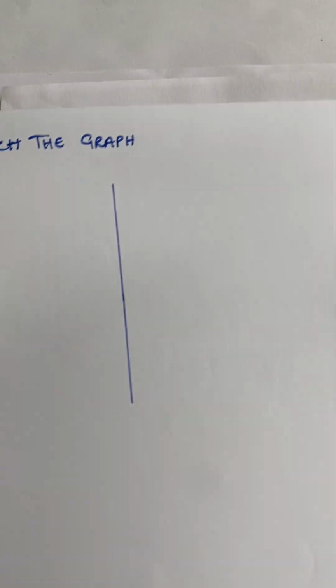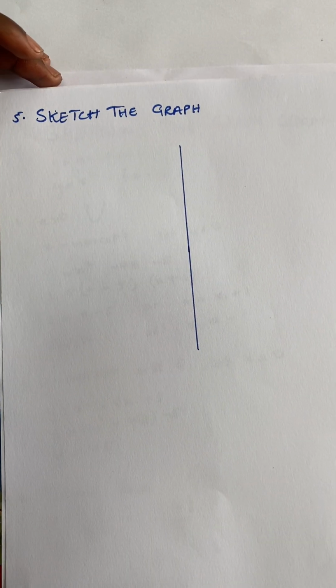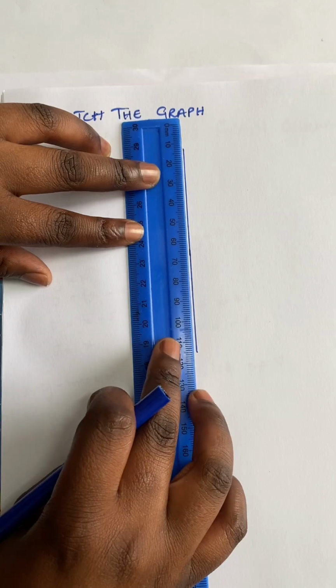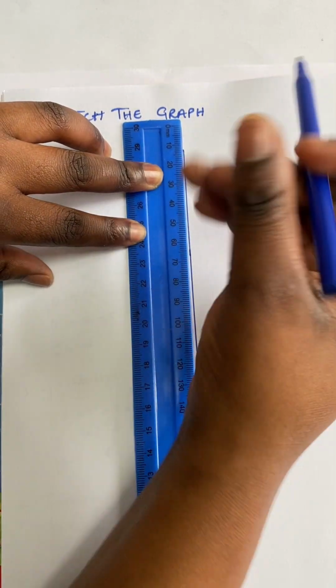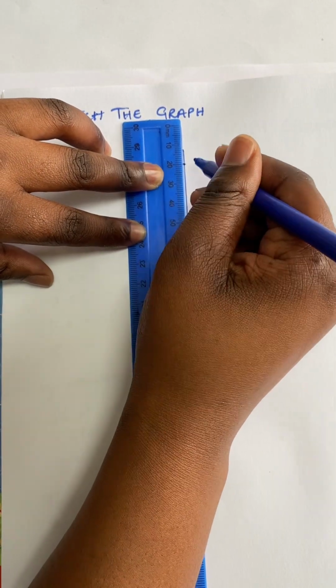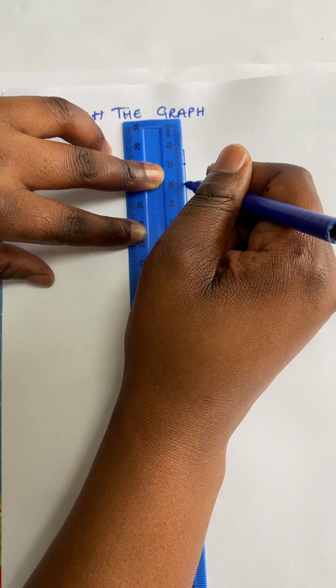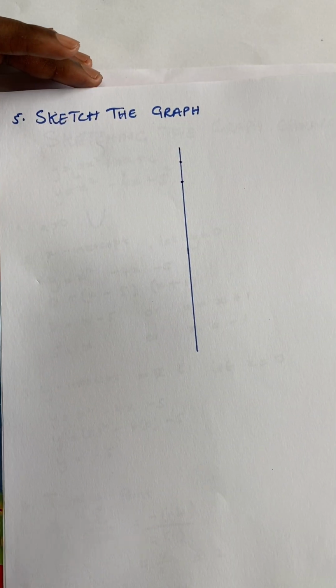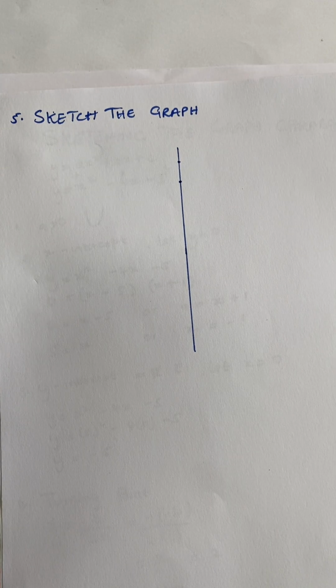So what do you do when you sketch the graph, grade 12s? You measure the spaces in between the points in your Cartesian plane. Every space should be equal like this. It depends on the distance between the spaces, but you should measure that.